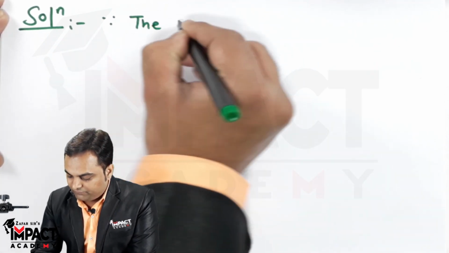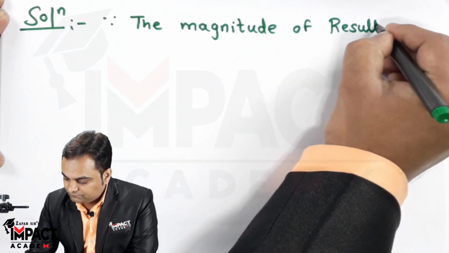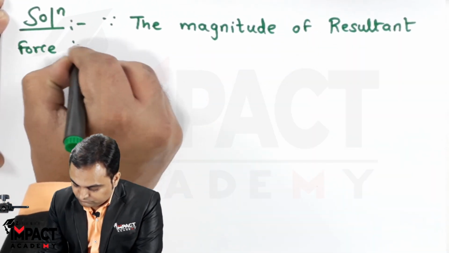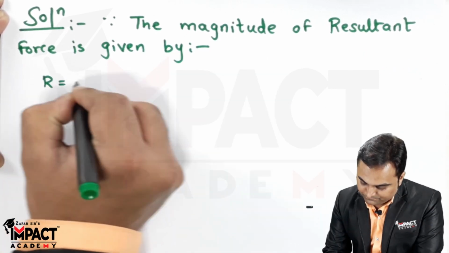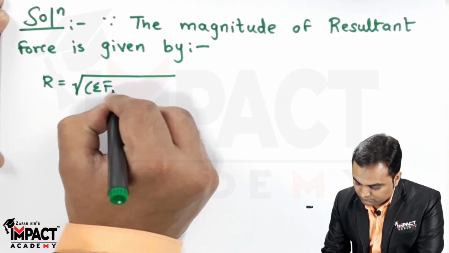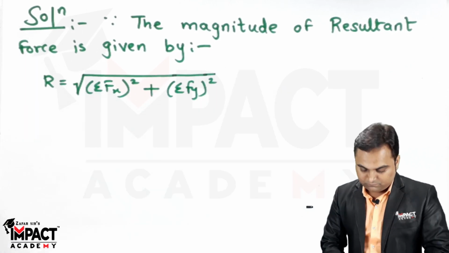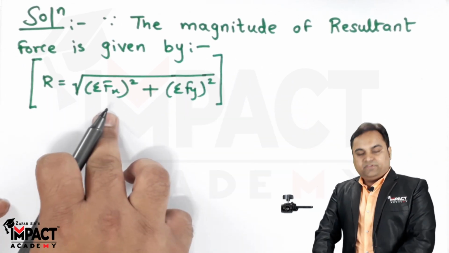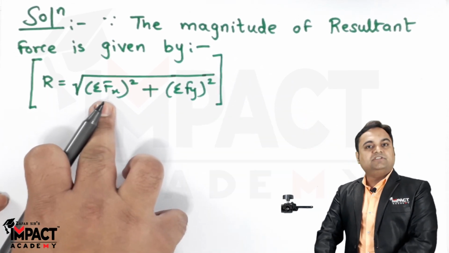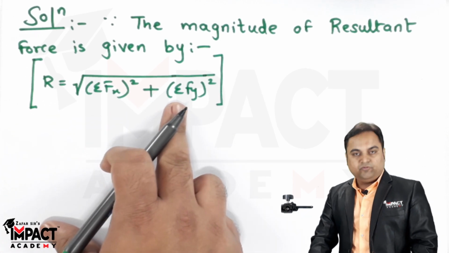The magnitude of the resultant is given by the root of summation Fx square, which is the sum of all horizontal forces, plus summation Fy square, the sum of all vertical forces.